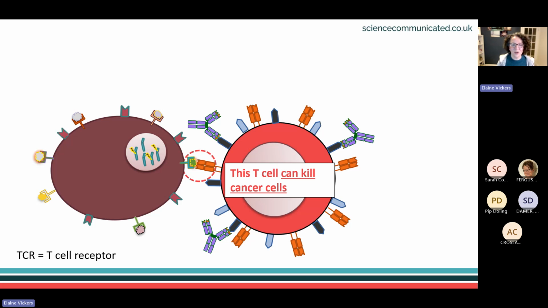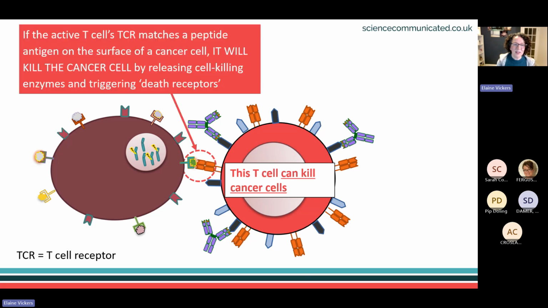These are the T cells you're hoping for. These are the T cells that you're praying that your checkpoint inhibitor keeps active. Because if this T cell receptor matches a neoantigen displayed by the person's cancer cells, then it will connect with that neoantigen and it will kill the cancer cell.